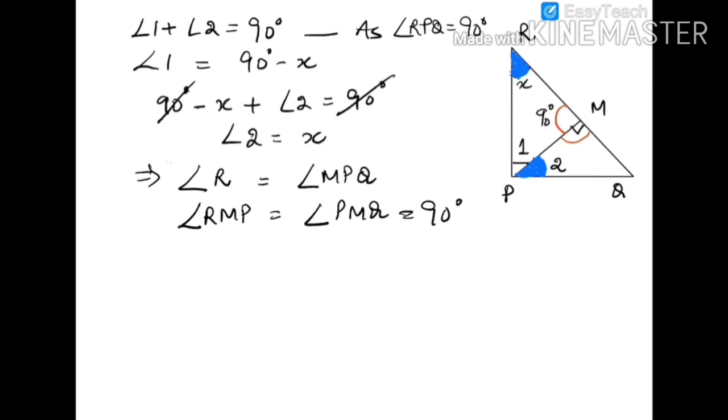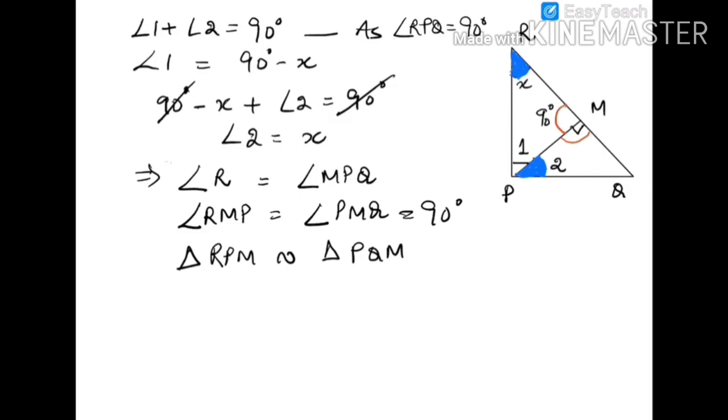Now we have two angles of a triangle equal to the corresponding angles of another triangle. So we can say that triangles are similar, and symbolically triangle RPM is similar to triangle PQM.